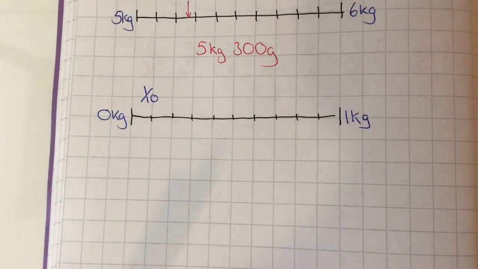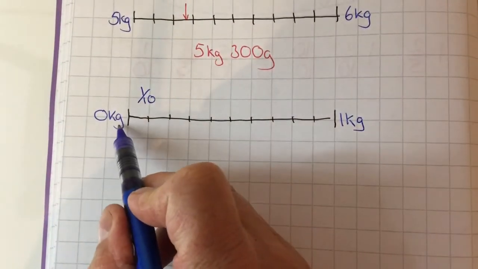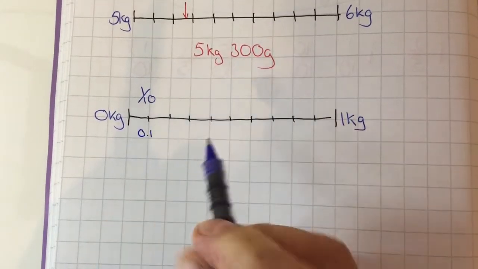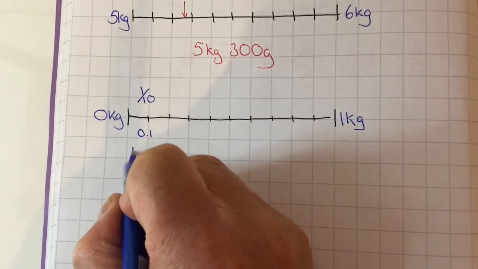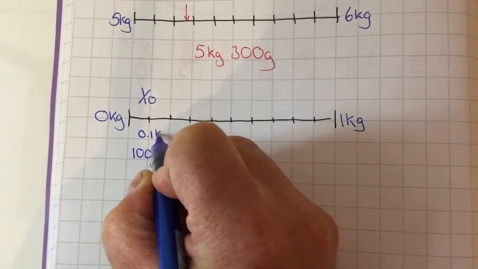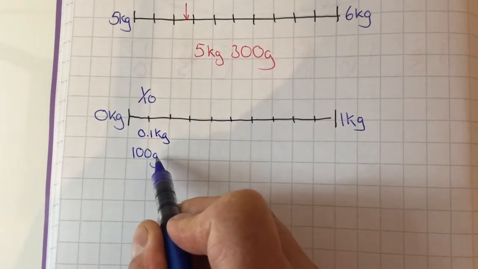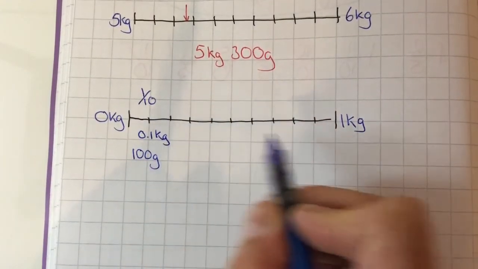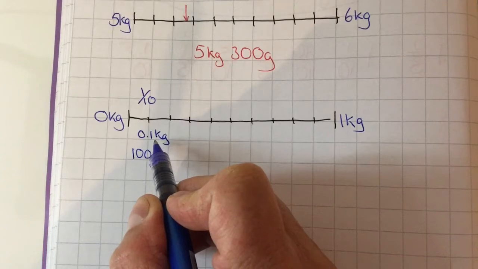So my question is, what is that as a decimal from there to there? That is 0.1. So we could also refer to that, instead of 100 grams, as 0.1 kilogram, because as we know, 100 grams is 1/10 of 1 kilogram, and that is where we get 0.1 from.